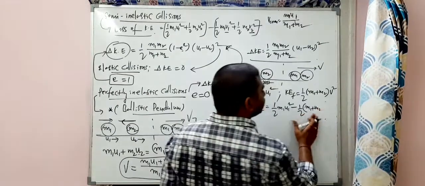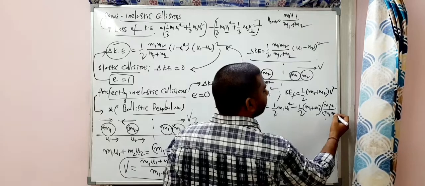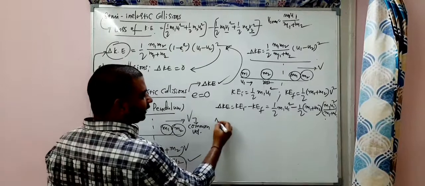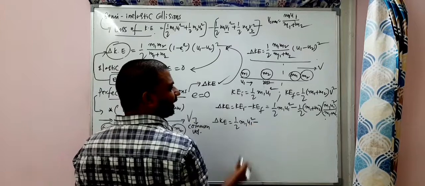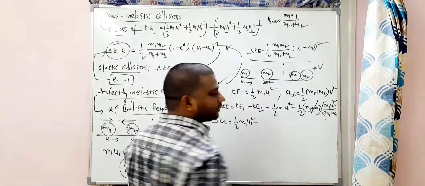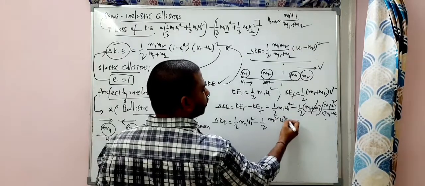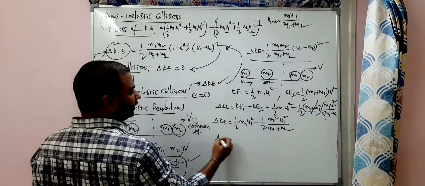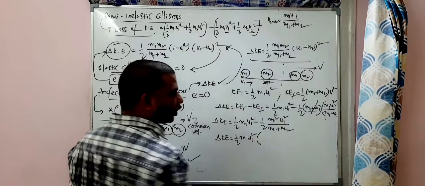So the same thing you should write here. So this is m1 u1 by m1 plus m2 whole square. Alright? So what can I write? Delta kinetic energy is equal to half m1 u1 square minus, here one m1 plus m2 and here one m1 plus m2 cancel. So what remains is half into m1 square u1 square by m1 plus m2. And this delta kinetic energy is equal to half m1 u1 square, you can take common, right?